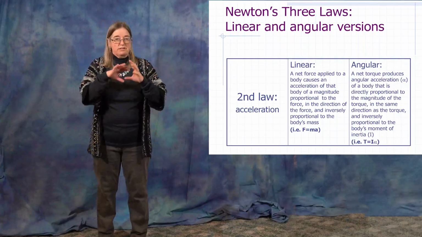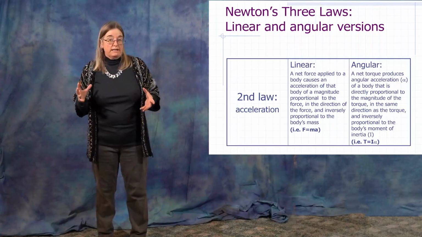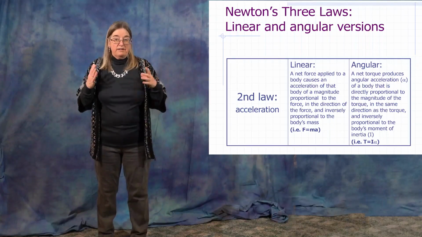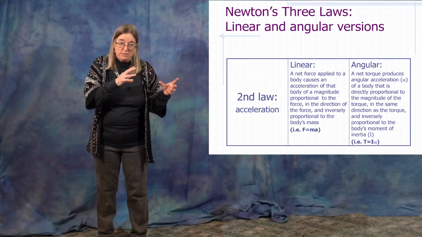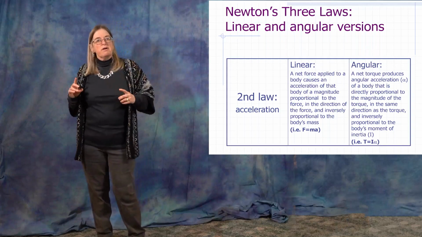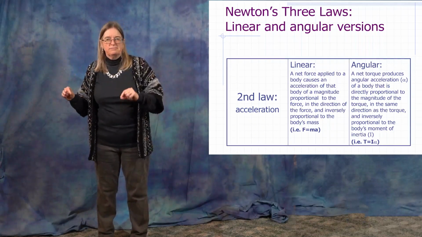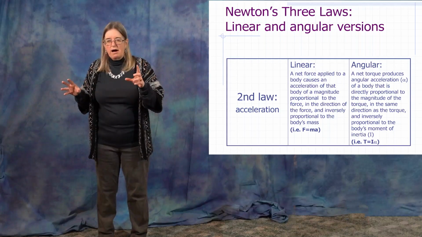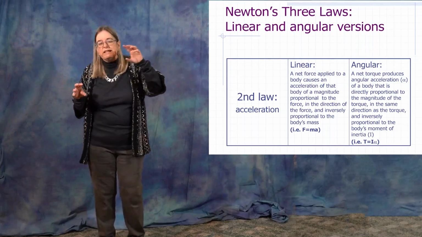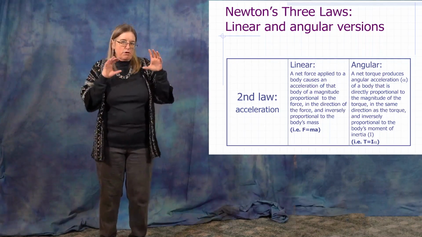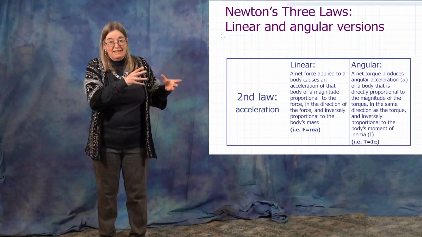Which means there is the equivalent Newton's second law for an angular version. Remember, sum of forces equals mass times acceleration. Sum of torques equals I alpha. So what are those? I is moment of inertia, and it's the equivalent in the rotational world of what mass is in the linear world.